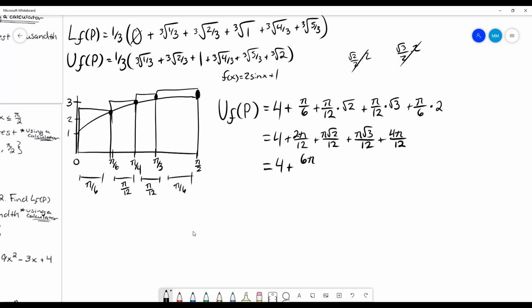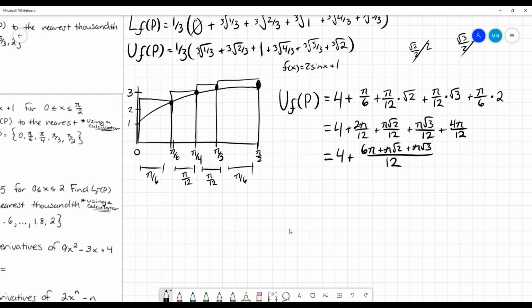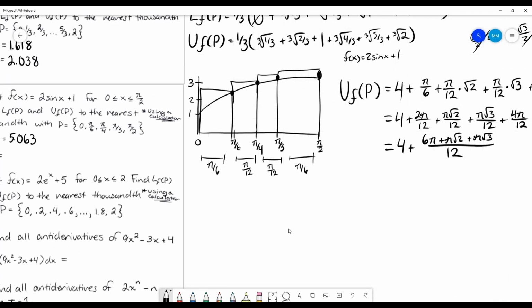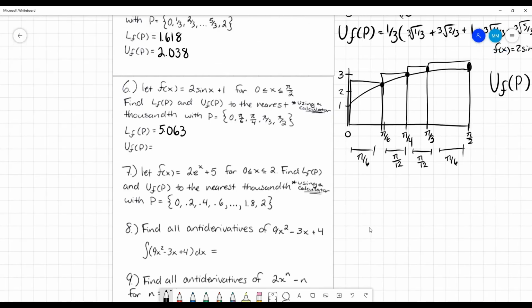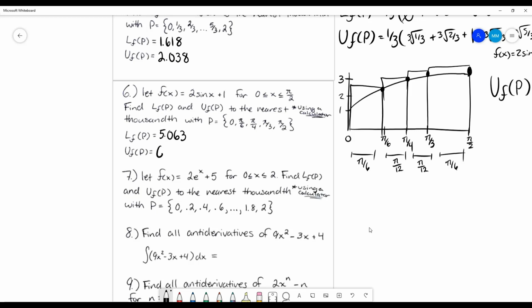And since it's actually all over 12, I can just put those in that same numerator. And once again, plug that into calculator. So 6 pi plus pi square root of 2 plus pi square root of 3 divided by 12 plus 4, and remember round to the nearest thousandth here, so looks like this.